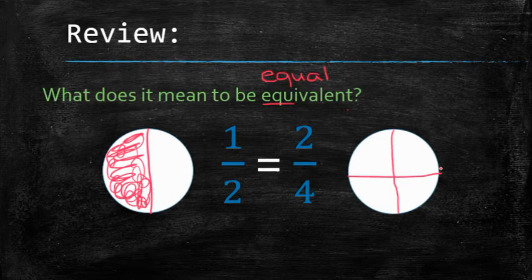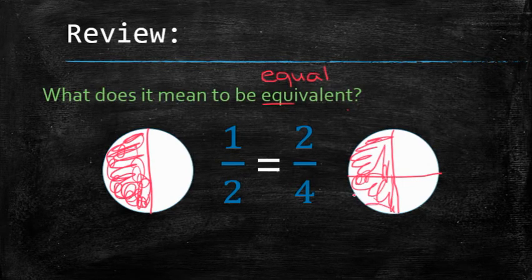We still have a whole, and pretend these are equal. I know my line's a little crooked there, but pretend these are equal. And you said, let's have 2 out of 4. What do you think? Are those the same? Absolutely. I would say that those fractions are equivalent, and this is the same as this.